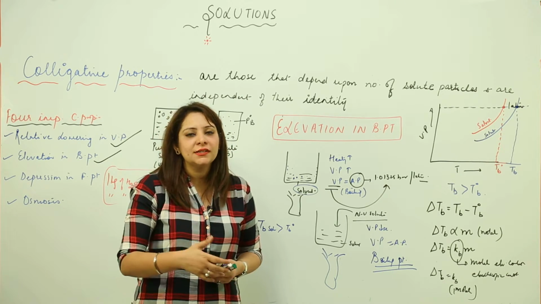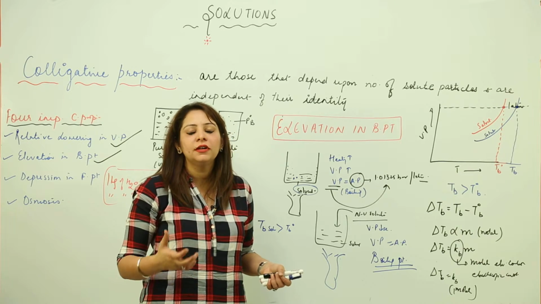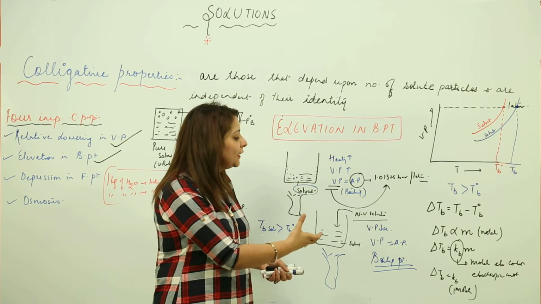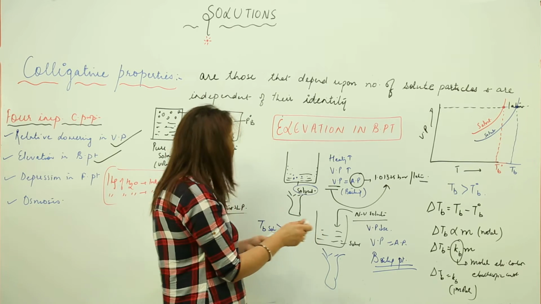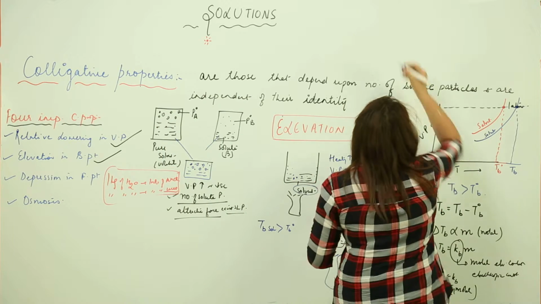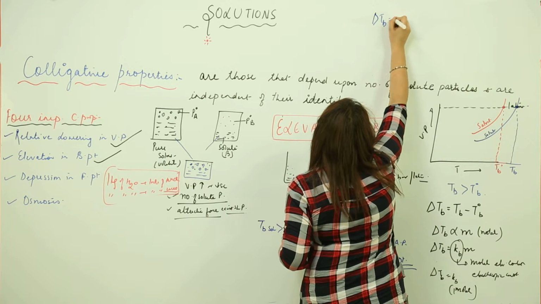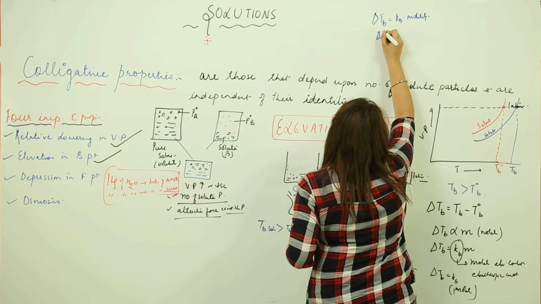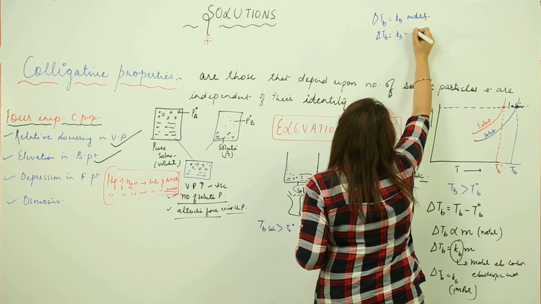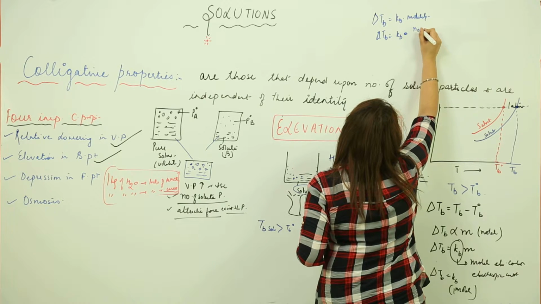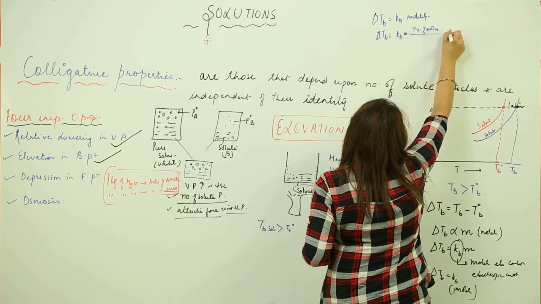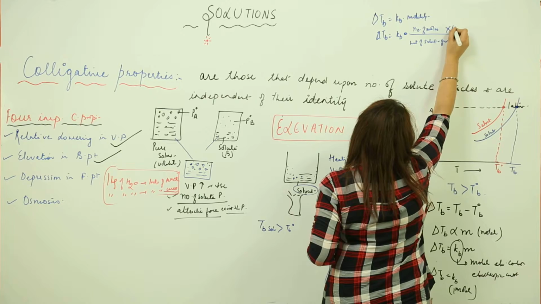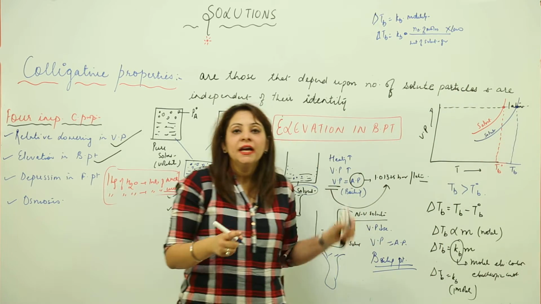We may find a numerical on the basis of elevation in boiling point where we are asked to find the molar mass. We can relate it with the molar mass as well. So look at the board carefully. Delta Tb is equal to Kb into molality. This is what I told you. Now I am going to write the expression for the molality. Molality is the number of moles of solute divided by the weight of solvent in grams, multiplied by 1000, because molality is per 1 kg and here I am using grams.